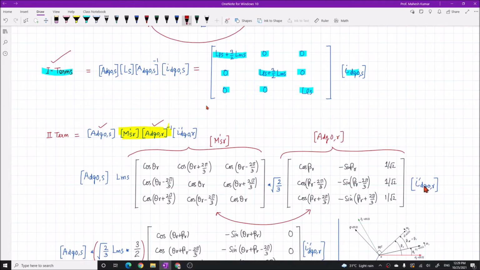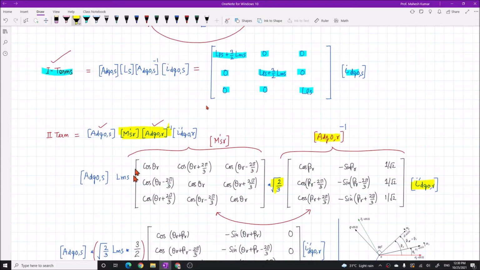So this is IDQ0R dash here, and this is IDQ0R inverse. This is inverse, so you have to put it inverse here. That's why cos has come like this: cos beta r minus 2 pi by 3, and cos beta r plus 2 pi by 3. Then minus sign terms, and then 1 by root 2, 1 by root 2, 1 by root 2 into root 2 by 3. And this is the constant for this matrix, and then into MSR dash.